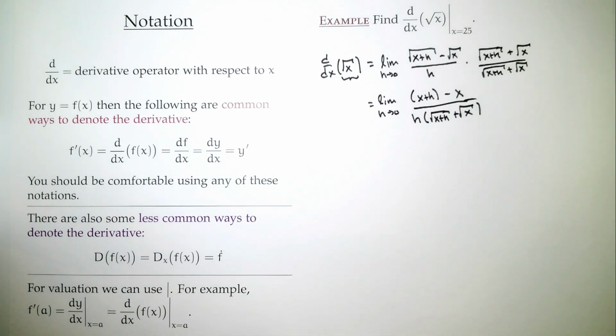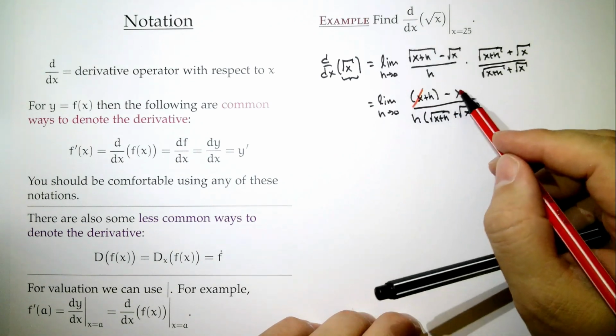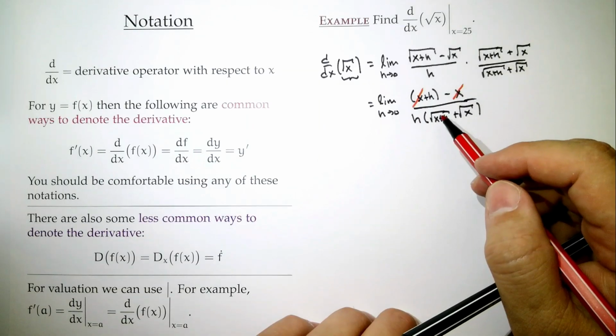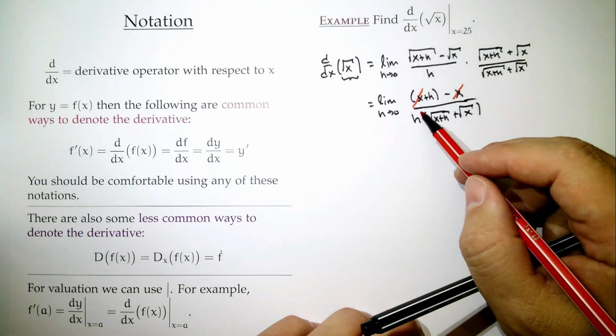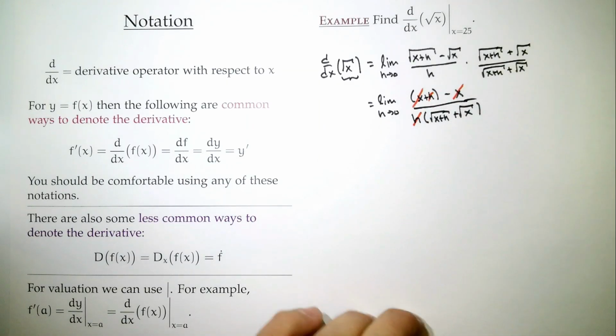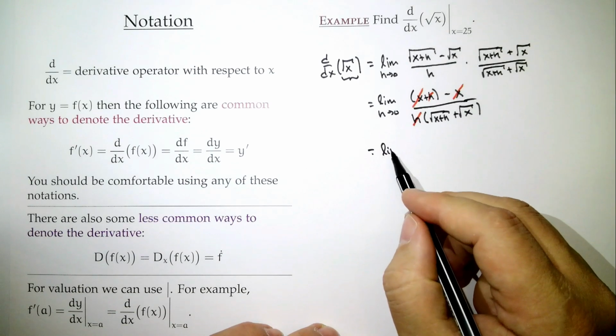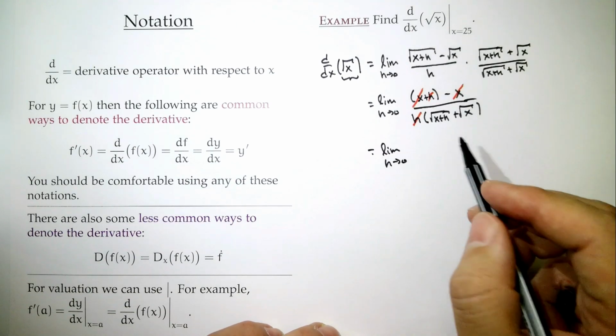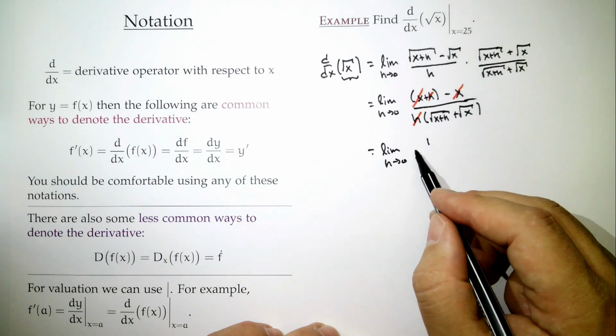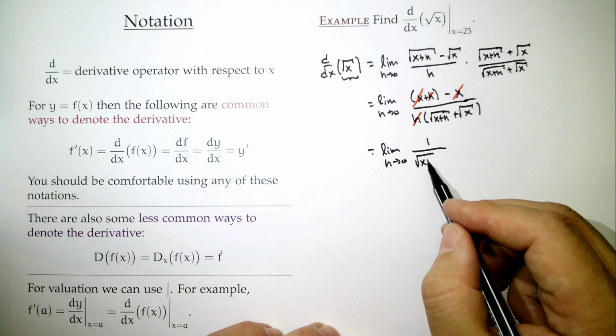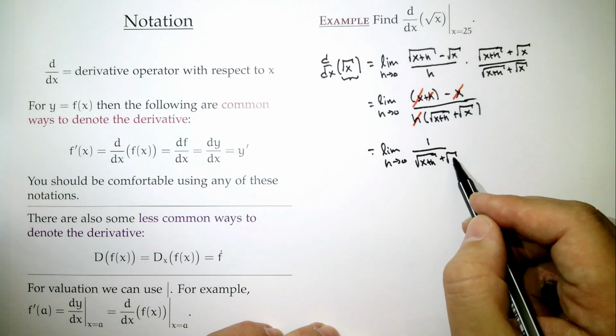All right. Now, because we're good people, what should happen? Get some cancellation going. The x's cancel. What's left now on top? h. Well, there's an h on the bottom, so I can cancel off the h on the bottom. And therefore, this becomes the limit as h goes to 0 of upstairs is 1, downstairs square root of x plus h plus square root of x.